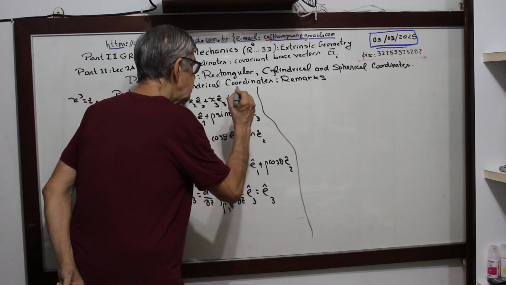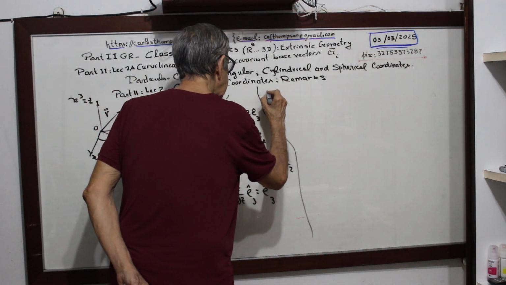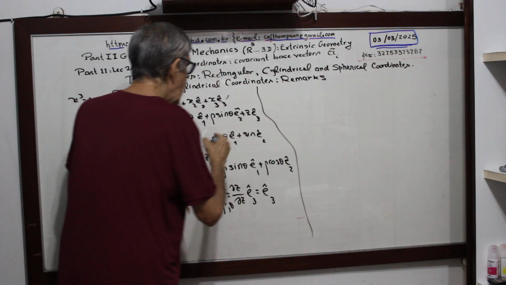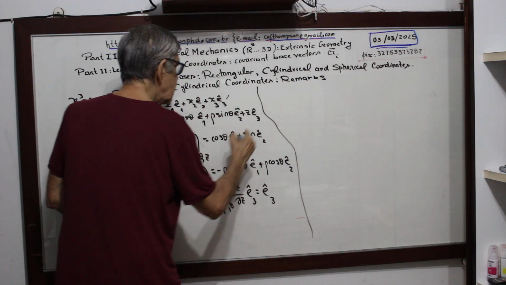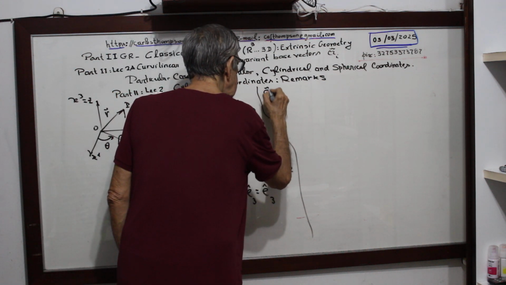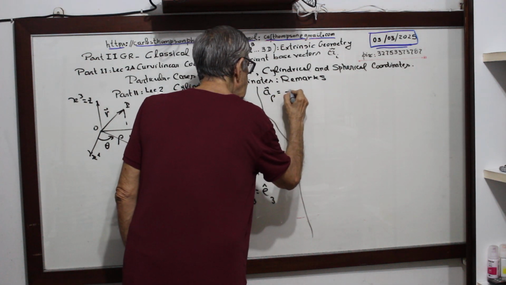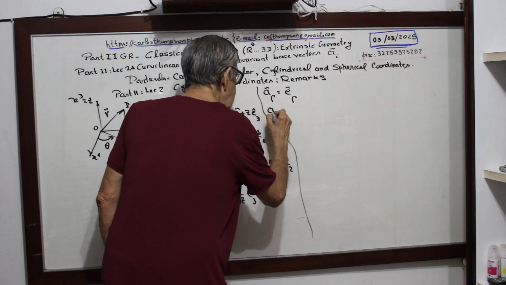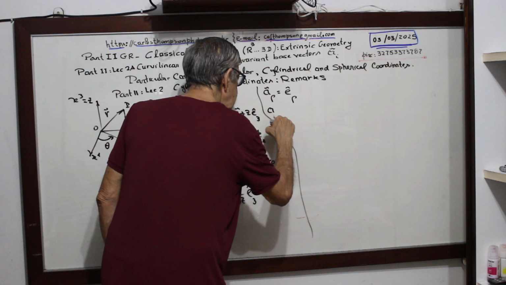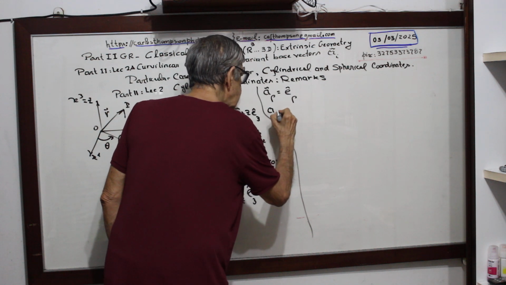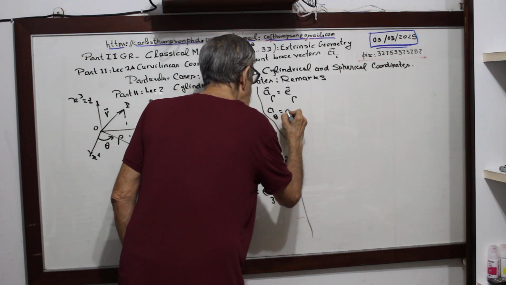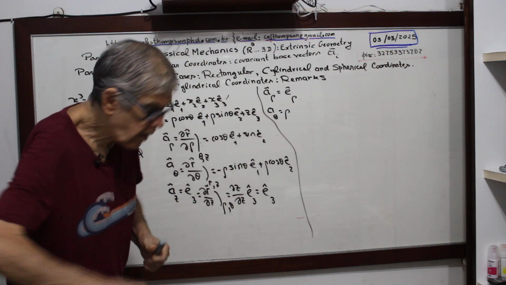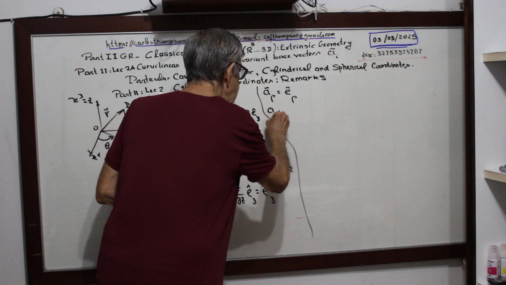Then I have A rho, I call E sub rho. A theta is equal to rho, as I said, I will derive A theta.